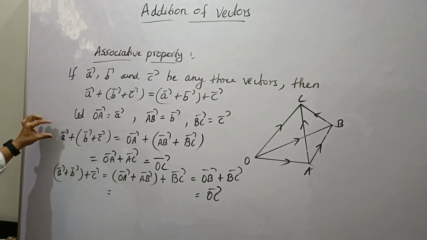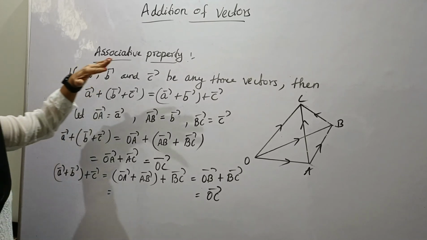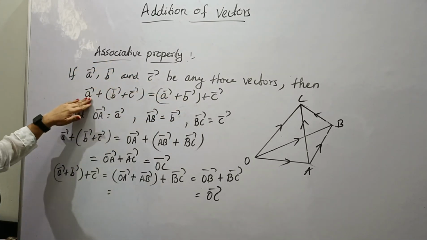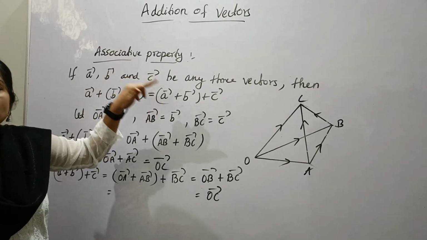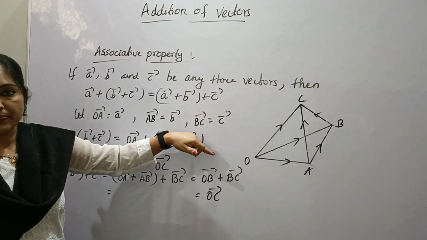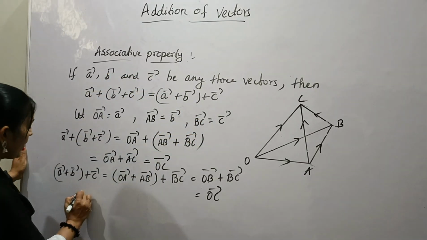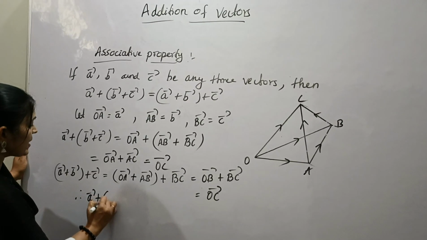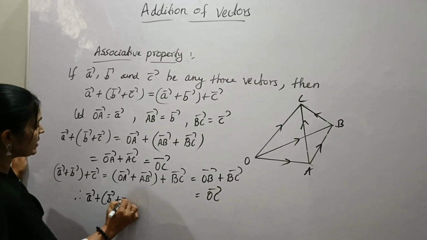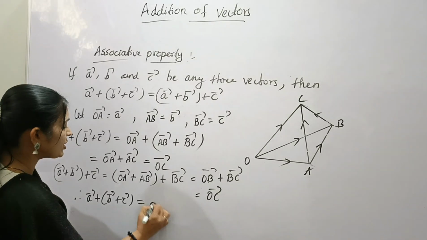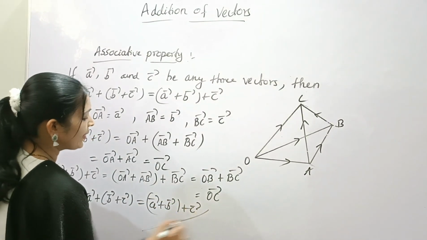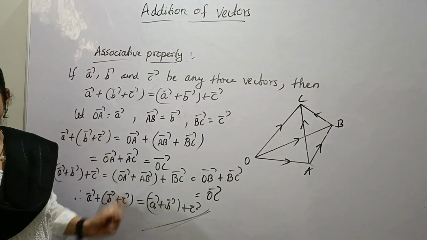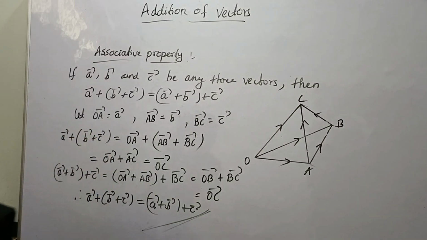Therefore, (A + B) + C is equal to A + (B + C). Therefore, vector addition is associative.